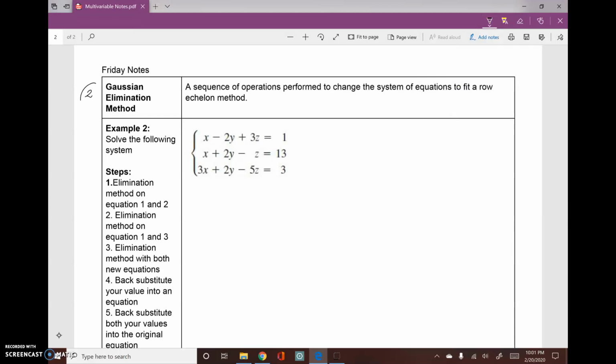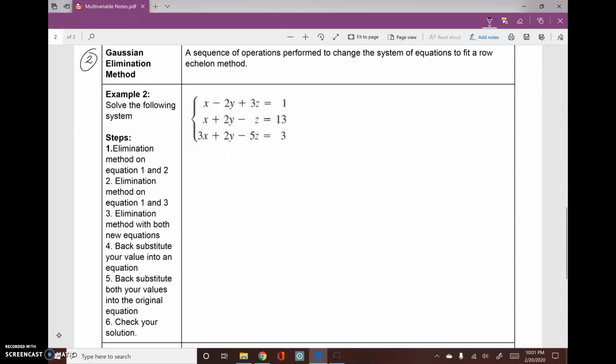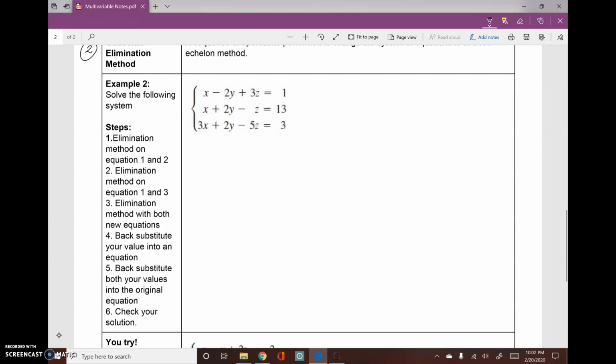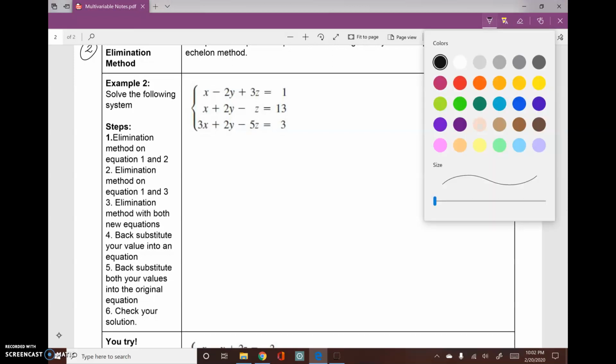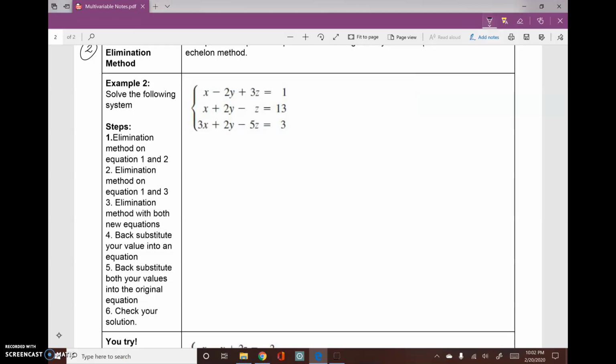So method 2 is its own elimination method. It's a sequence of operations performed to change the system of equations to fit a row echelon form. And this will make a little bit more sense once you see the math moving. Step 1, let's begin by labeling: there's equation 1, equation 2, equation 3.